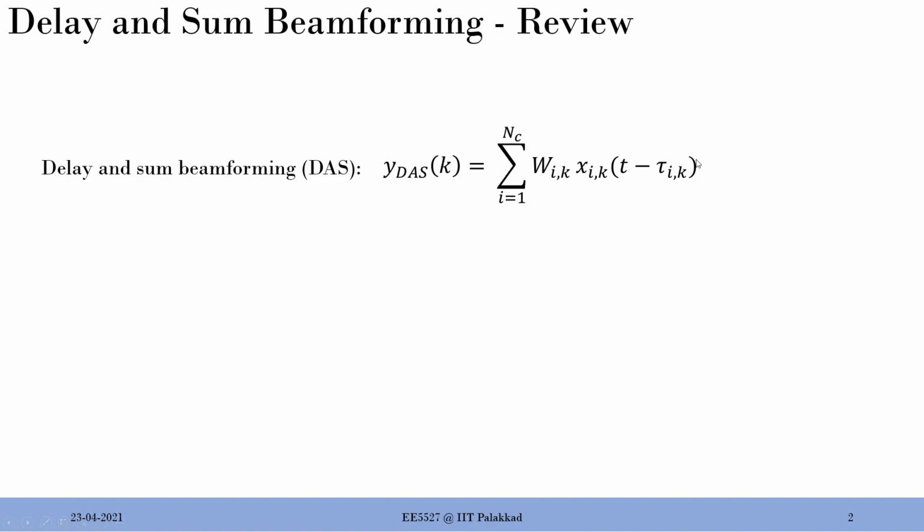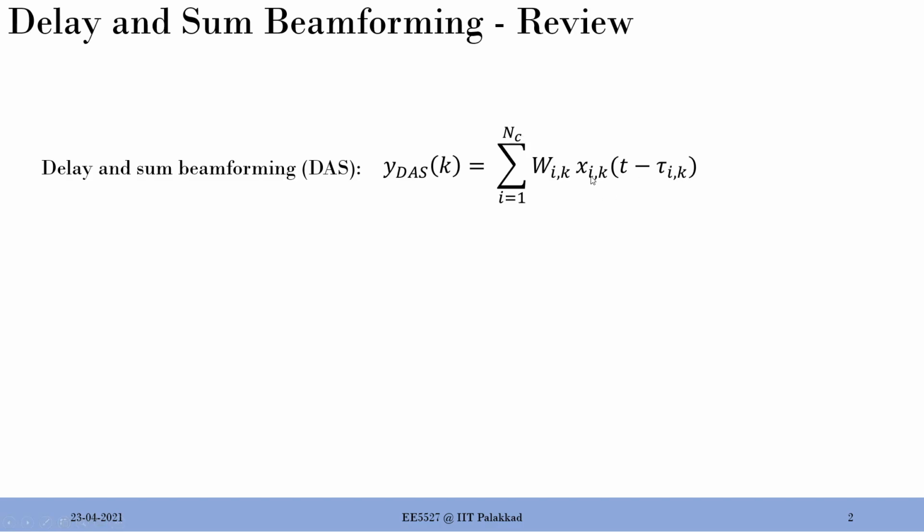So it can be nicely summarized by this expression, where k is nothing but the pixel number. So for k, you have to estimate the delay and sum output for each and every pixel in the image grid. And then of course the important aspect is, for that pixel, what is the contribution from each and every sensor. That's why we vary the i from 1 to NC, where NC is the number of transducers or number of antennas in the array.